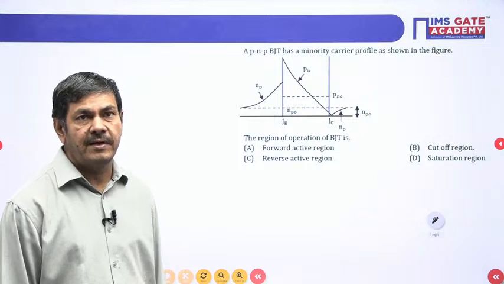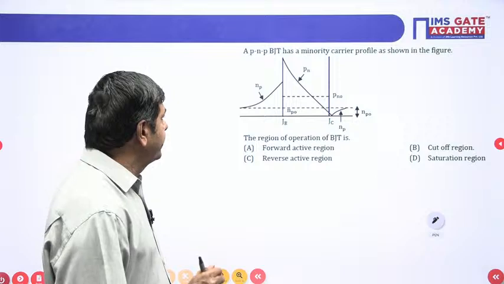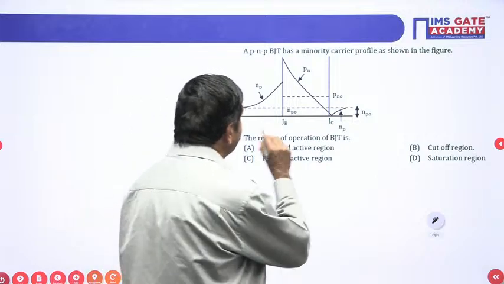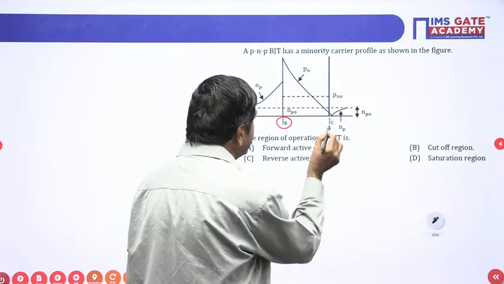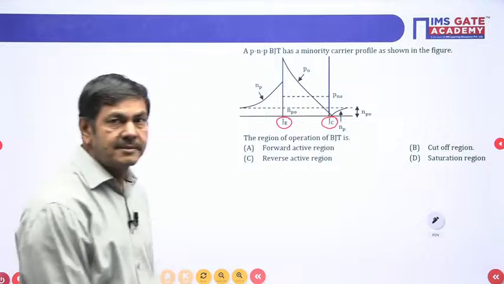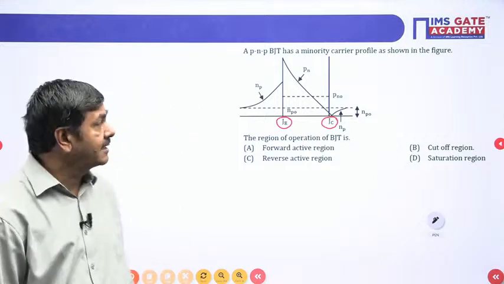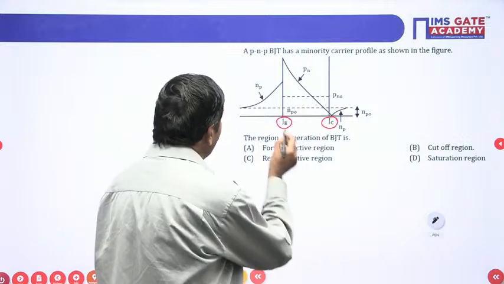In an easy way I will explain, you can understand. In this graph the emitter junction and collector junction are given, and the minority carrier profile is given.